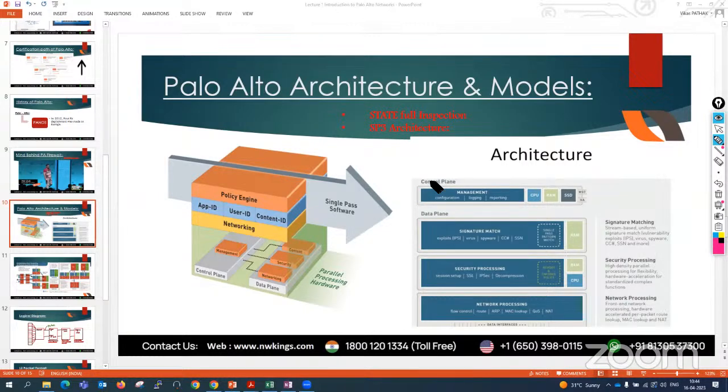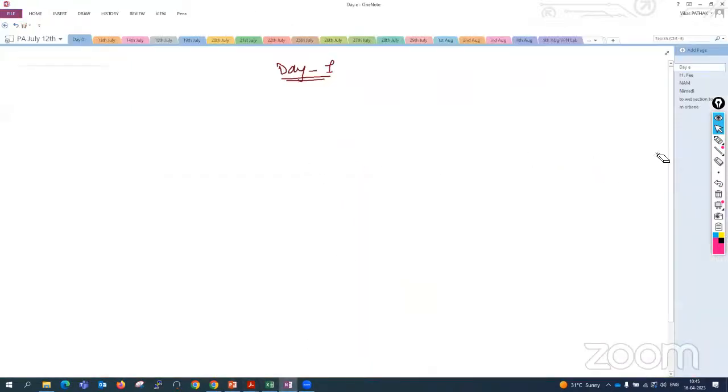Okay. Before this, what you said, it has to travel one by one for URL filtering, MAC control, anti-spyware. What is that feature? I'm talking about the content engine.